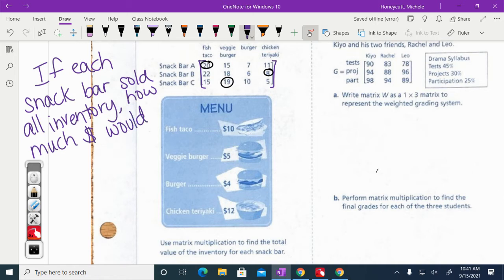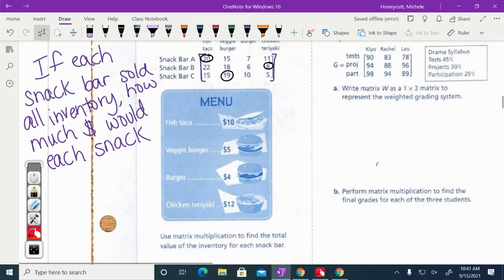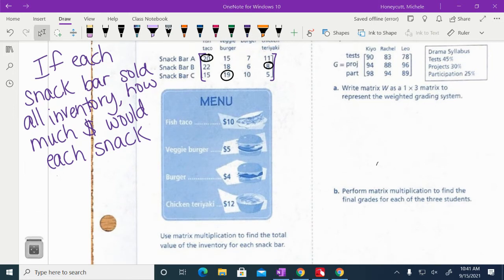Try to figure this out. Easy peasy. How many numbers am I asking you to find? Three numbers. I need three numbers from each of you.